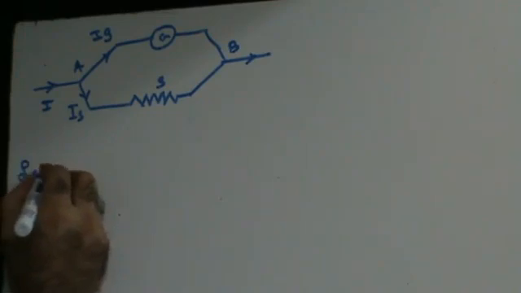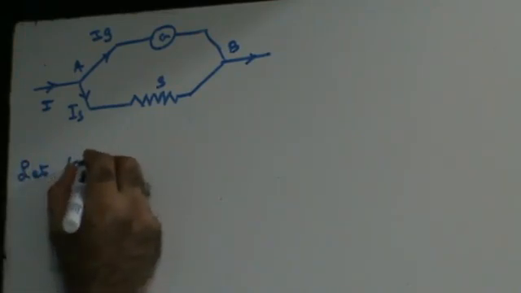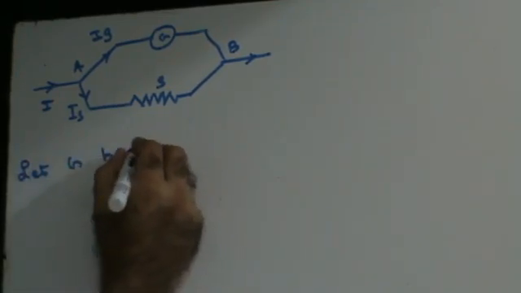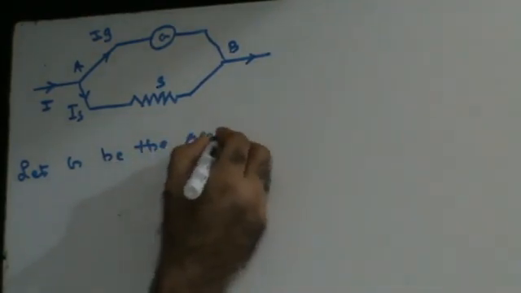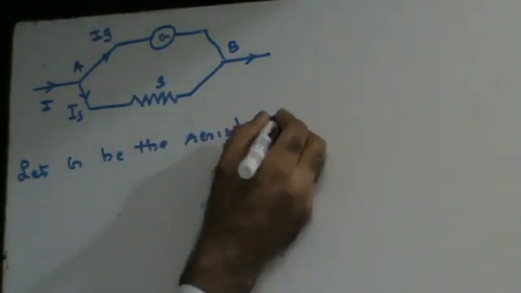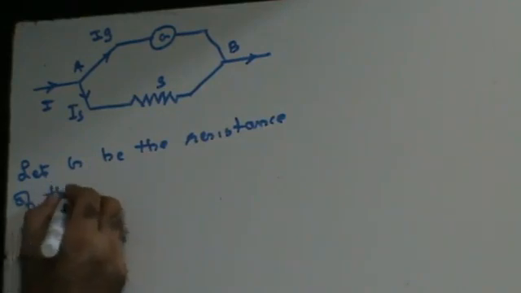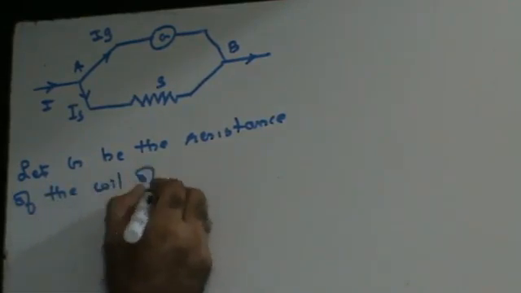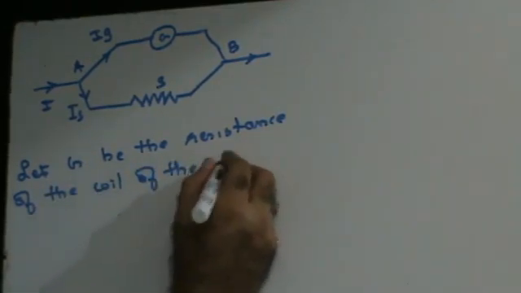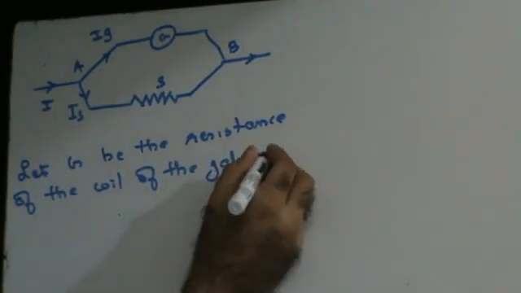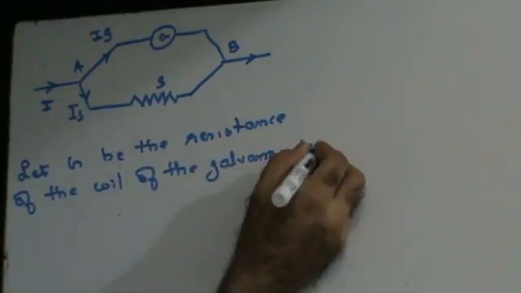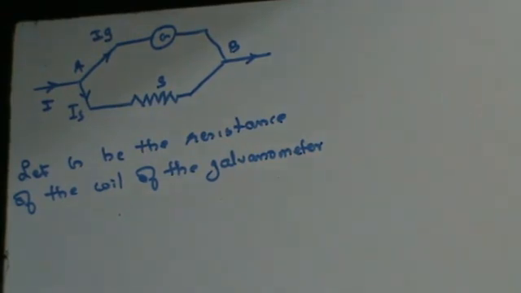Let G be the resistance of the coil of the galvanometer, which will give full scale deflection when current Ig passes through it.